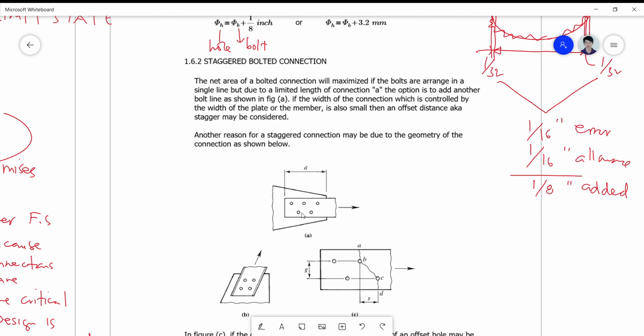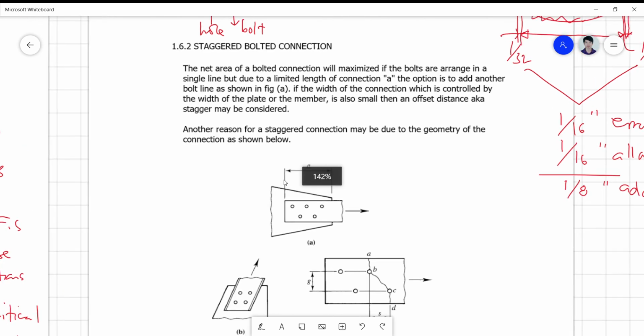Now, for the net area of a bolted connection which is staggered, the computation will be a little bit different.